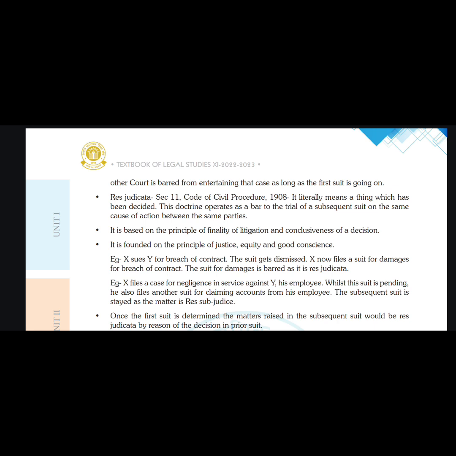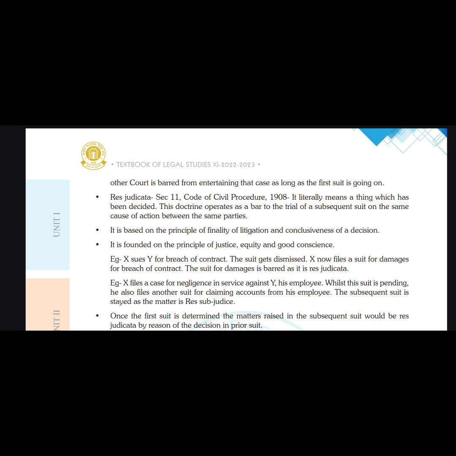So court B will be barred. Barred means stopped. It will not be allowed to do the trial of the fresh suit as long as the first suit is pending. Let the first court decide the suit, then you may file a fresh suit in a different court if you are not satisfied.